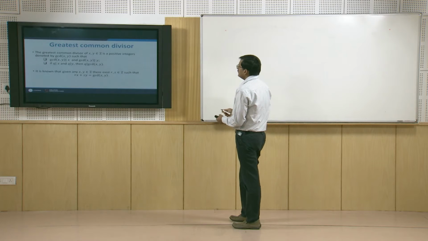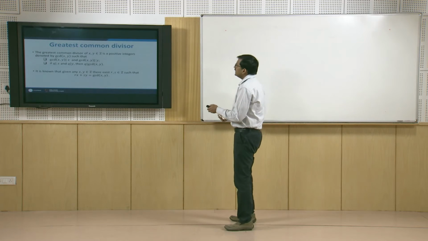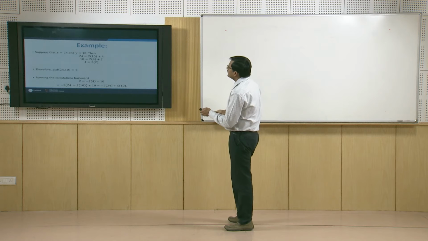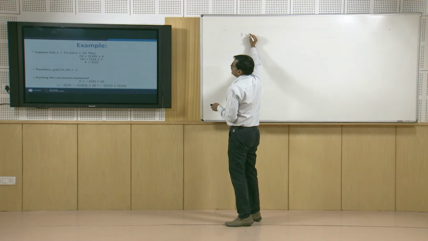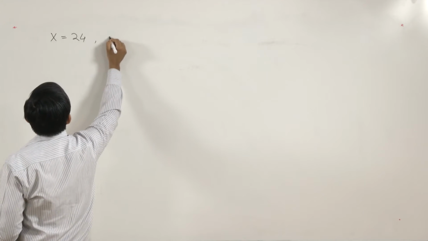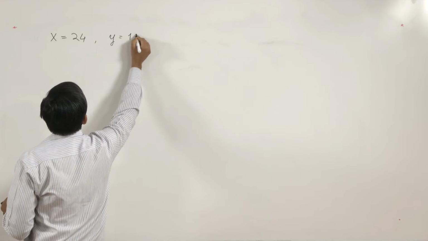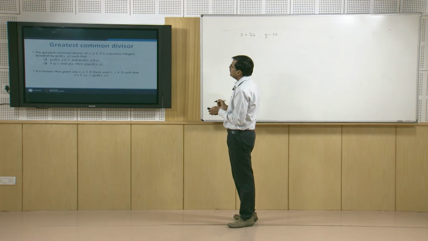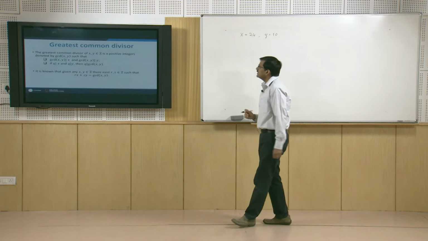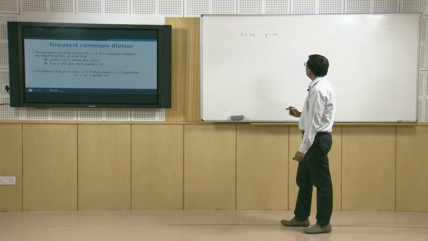Suppose x is equal to 24 and y is equal to 10. We would like to find the greatest common divisor of 24 and 10.